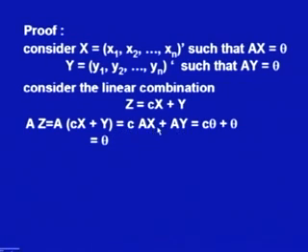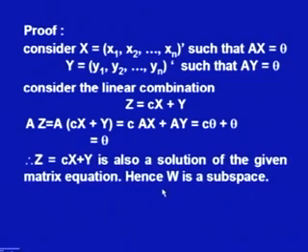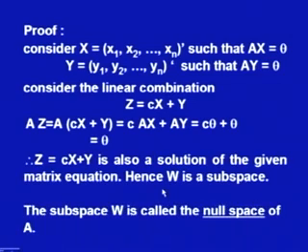Since Ax is theta, this is C theta, which is 0, and Ay is theta. So, C theta plus theta is also theta. So, Az is equal to theta. So, this z is also a solution vector. So, it forms a subspace. So, W is a subspace. In particular, the subspace W is called the null space of A.